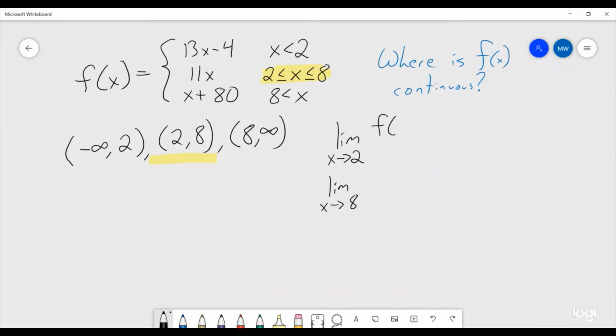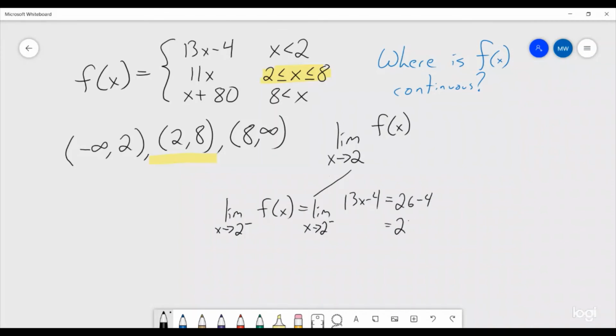If we look at the limit as x goes to 2 of f of x, we have to check the two different sides, so we have to do two different one-sided limits. The limit as x goes to 2 from the left of f of x is just the limit as x goes to 2 from the left of 13x minus 4, because that is what the function is to the left of 2. If we evaluate that, that's 26 minus 4, which is 22.